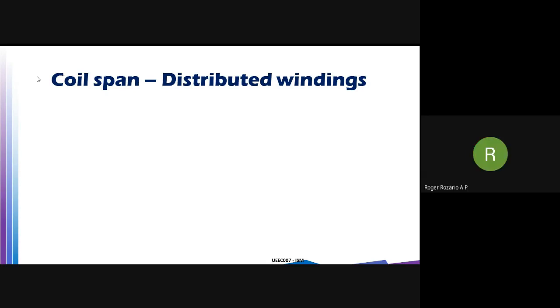Okay. So now let us take a three-phase machine. Let us assume it has two poles and there are 18 slots. Slots are the regions where you have your windings. You remember, slots are places where you put the windings, and there are two poles. It is a three-phase machine.